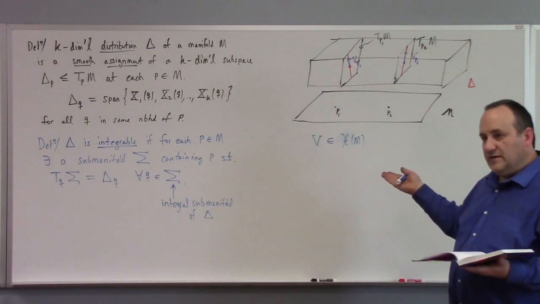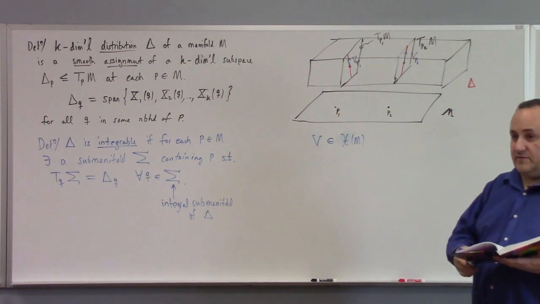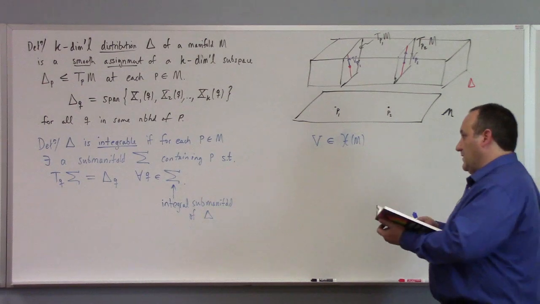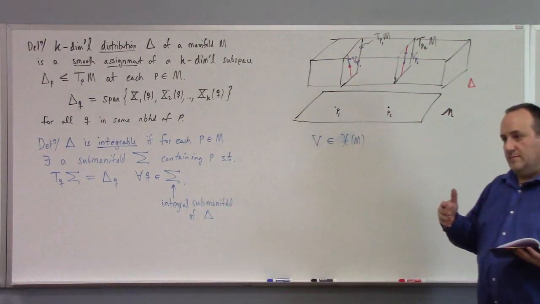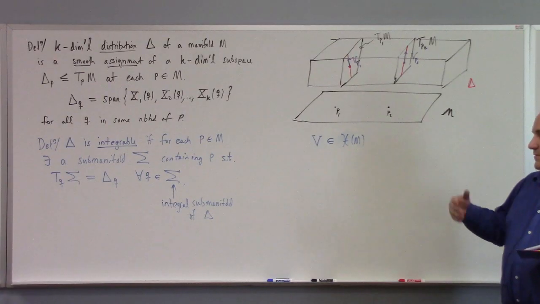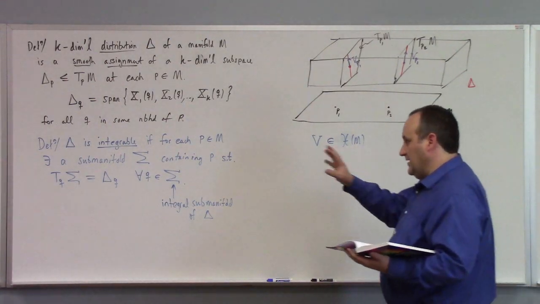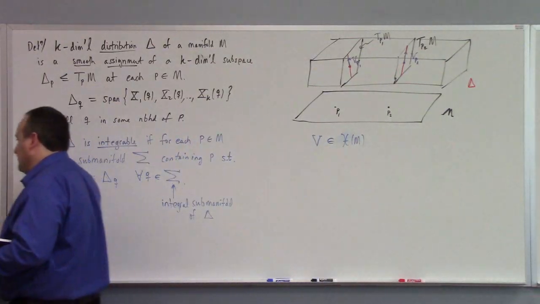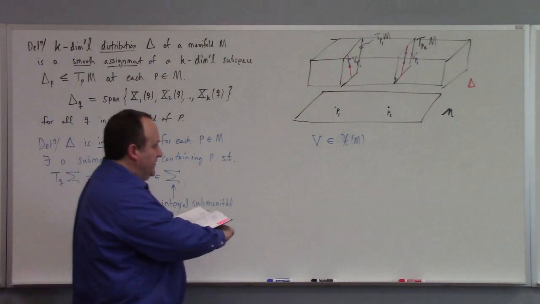Is every distribution like this? It turns out no, not all distributions are integrable. There are other distributions which will not align with submanifolds in a systematic way, like an integrable one will. I have an example we'll look at of that. But that brings us to our next definition.